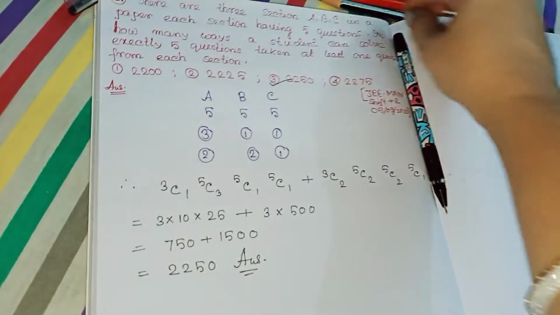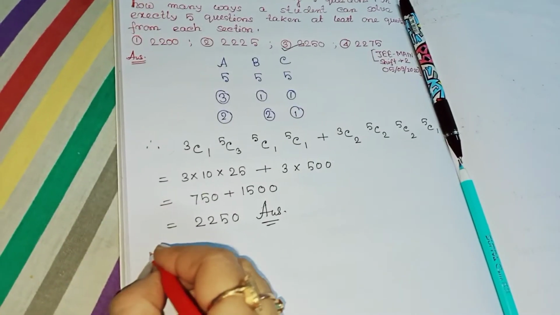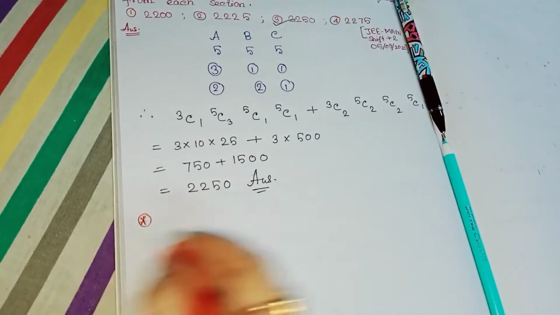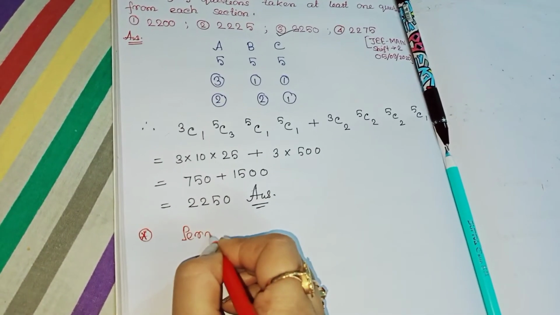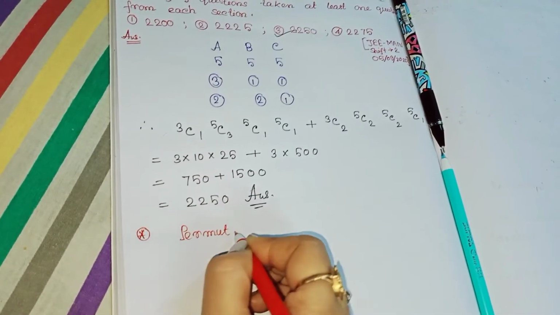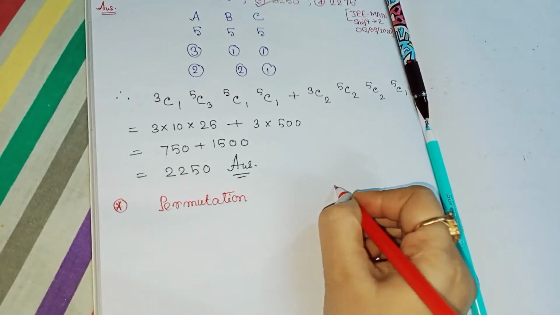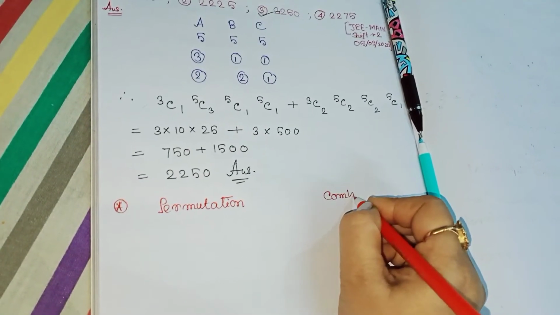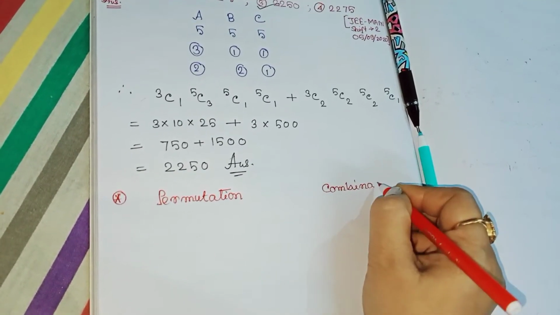Now some important formulas and some concepts about permutation and combination. So what is permutation and what is combination?